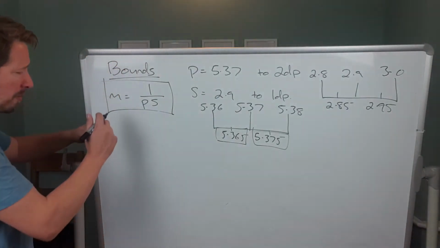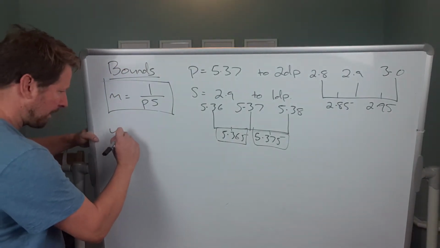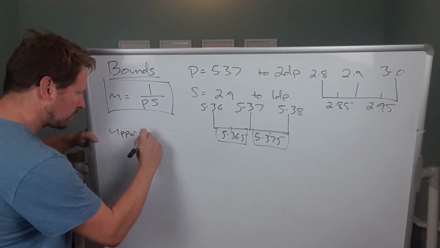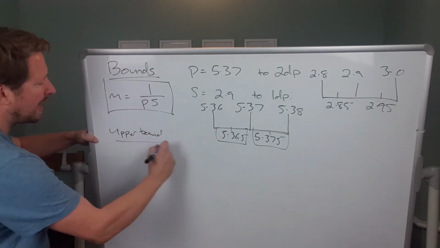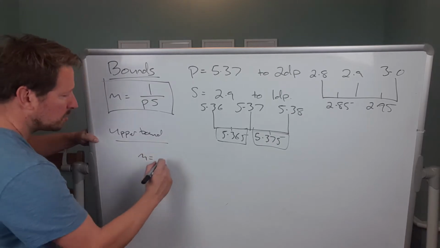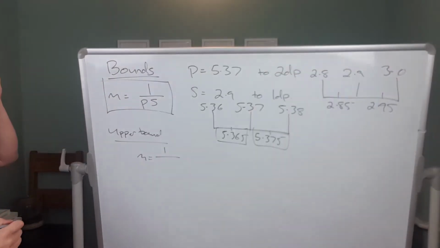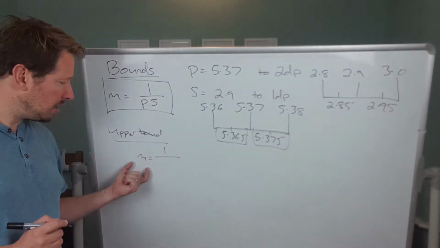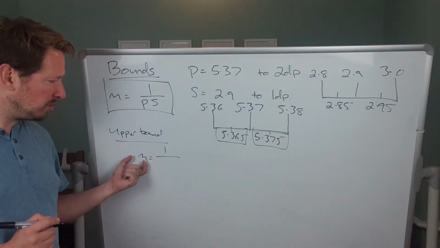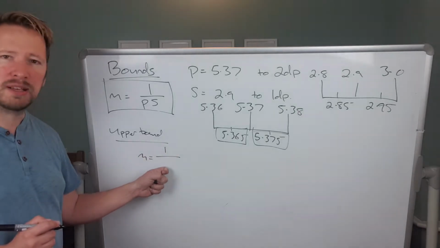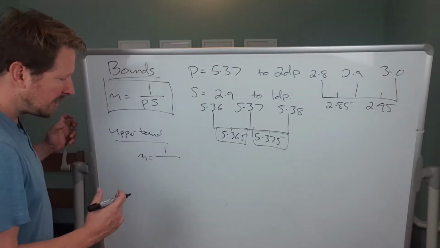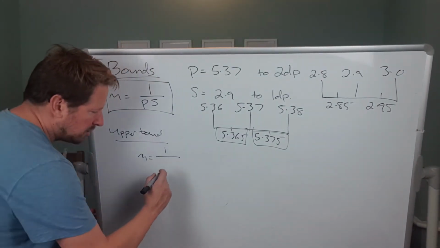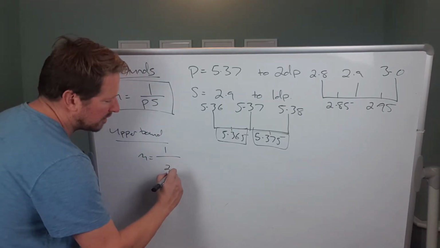Okay, so let's consider the upper bound for M. Now you're told that M equals 1 divided by P over S. Now you want to make M as big as possible. If you're going to make M as big as possible, you're going to do 1 divided by something. Now imagine you've got a choice of numbers, 2 or 3.